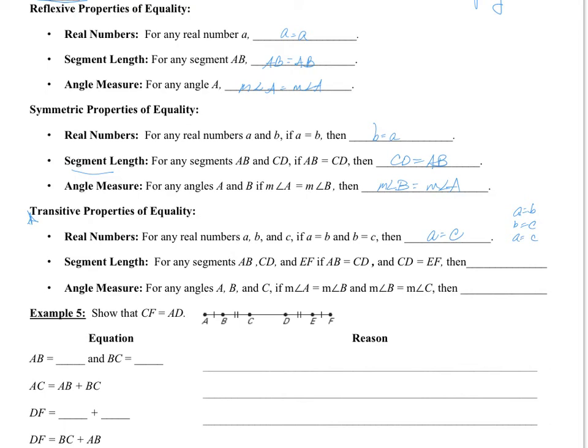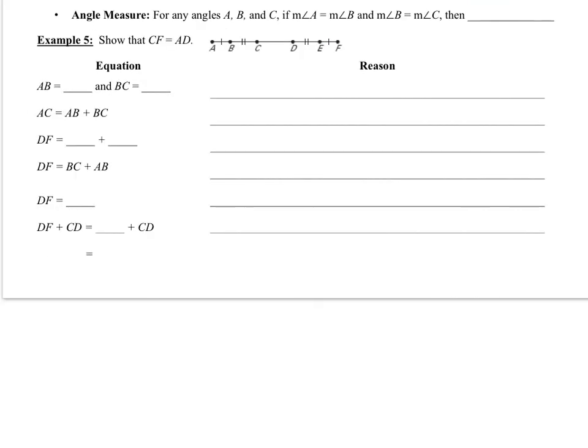And for segment length, following the same logic, if you have segments AB, CD, and EF, if AB equals CD and CD equals EF, then AB logically will be equal to EF. And for angle measure, for any angles A, B, and C, if measure angle A equals measure angle B, and measure angle B is equal to measure angle C, then measure angle A equals measure angle C.